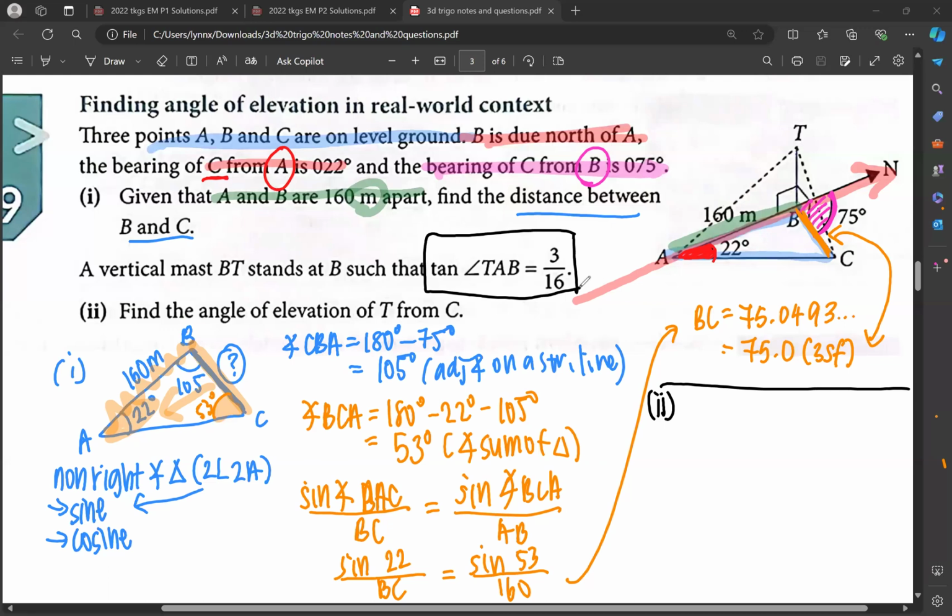Now, for part 2, listen very carefully, because this is the kind of question that I would say 100% of you could not do in the homework. If you look at what I boxed up, this is a very important clue. When you see tangent angle TAB equal to 3 over 16, what does it mean?